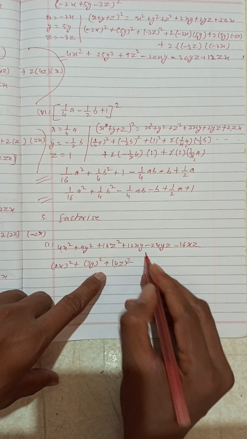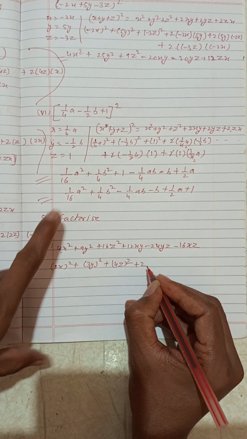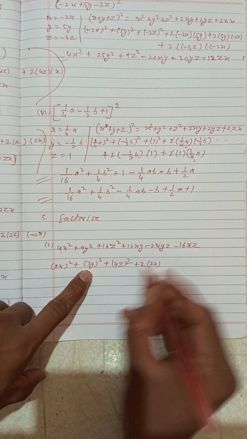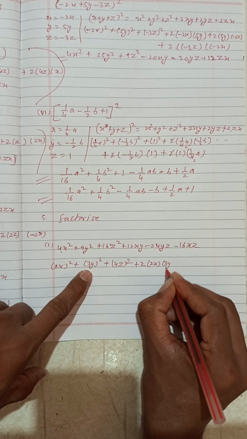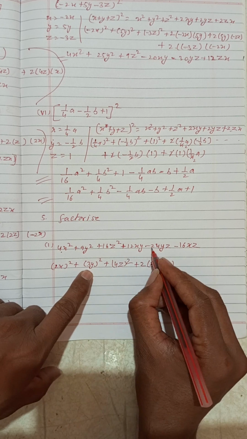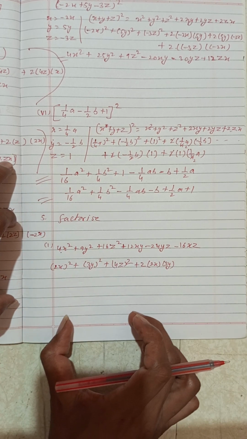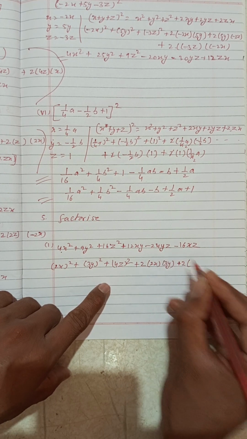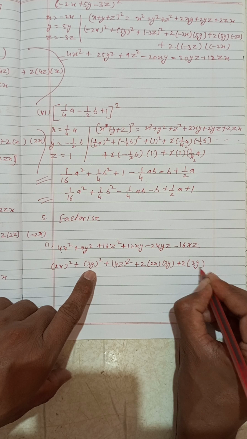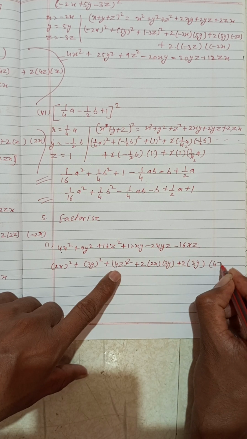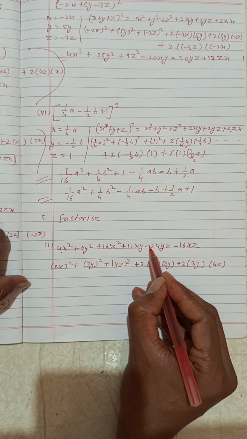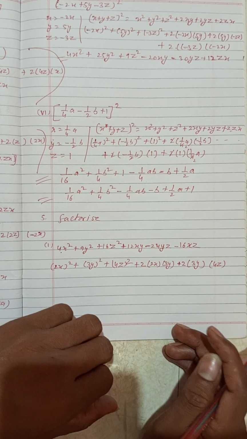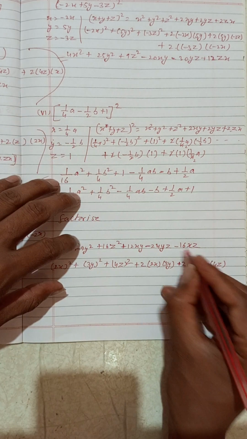Now here the plus: our formula says 2, then x value is 2x, y value is 3y, here plus was there, the same thing. Now again the plus is written, our formula says 2, y value 3y and z value 4z, but here the minus is written. So any number in this will be minus. Let's check.